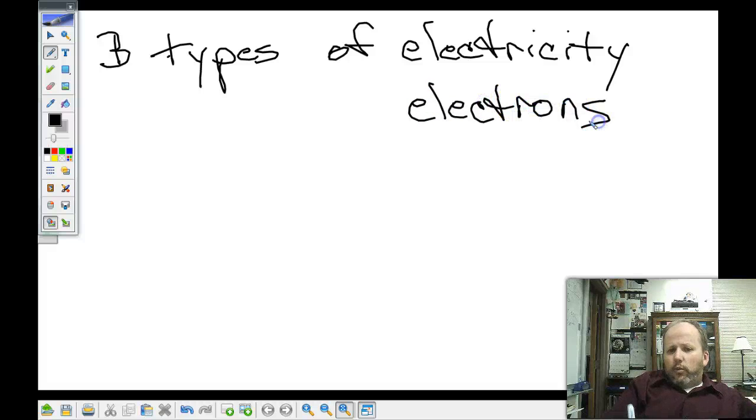Way back before we knew about protons, neutrons, and electrons, people knew about electricity, but they didn't know if they were positive or negative charges that were moving. So they had to make a choice, and they chose positive. They said that what we now call electricity was a movement of positive charges.